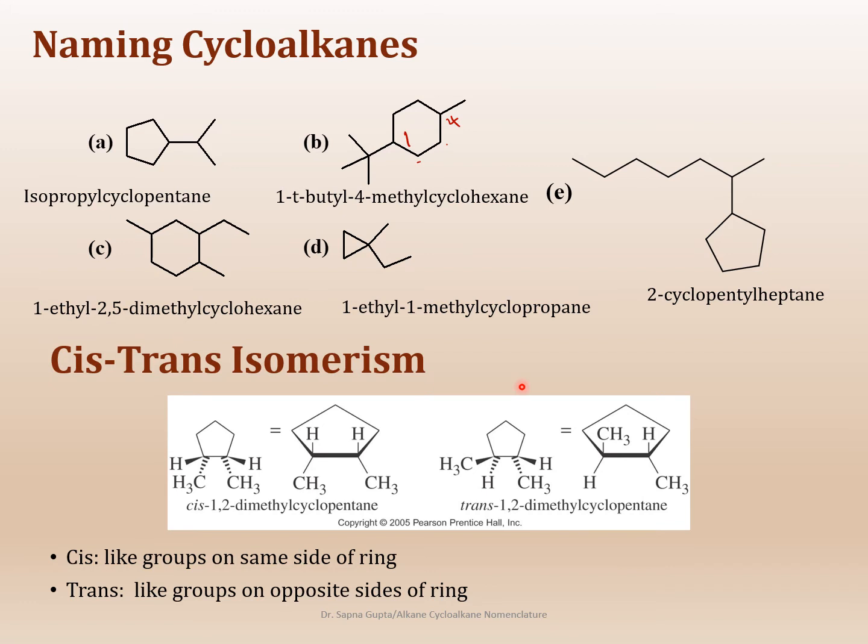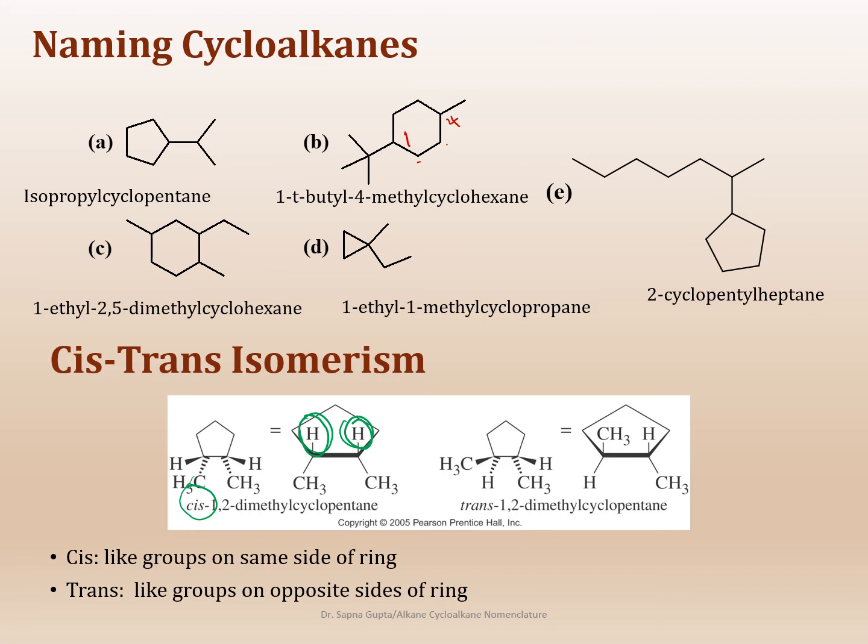And the cis-trans isomers, remember again, are structures that are different but have the same molecular formula. Okay. And so the cis-trans has to do with the location of the groups that you have. And the groups that we're talking about here are going to be the hydrogens. Okay. And so in the first case, the hydrogens are on the same side. So if they're on the same side, it's called cis.